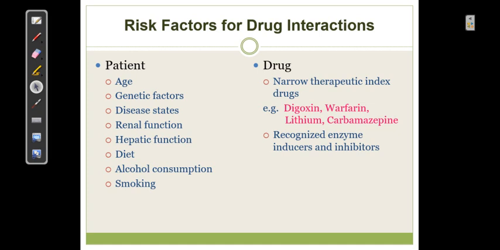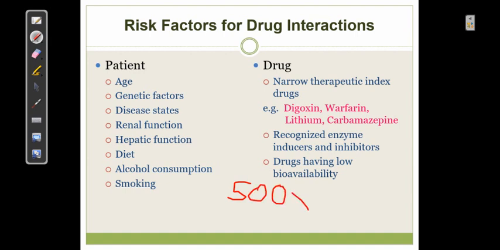The third example is drugs which have low bioavailability. If you give a drug which further reduces absorption, it leads to a further reduction in bioavailability. Take paracetamol, with a dose of 500 milligram. If there is a 5% reduction in bioavailability, it will not make much difference. But consider that your drug has a dose of 5 milligram.